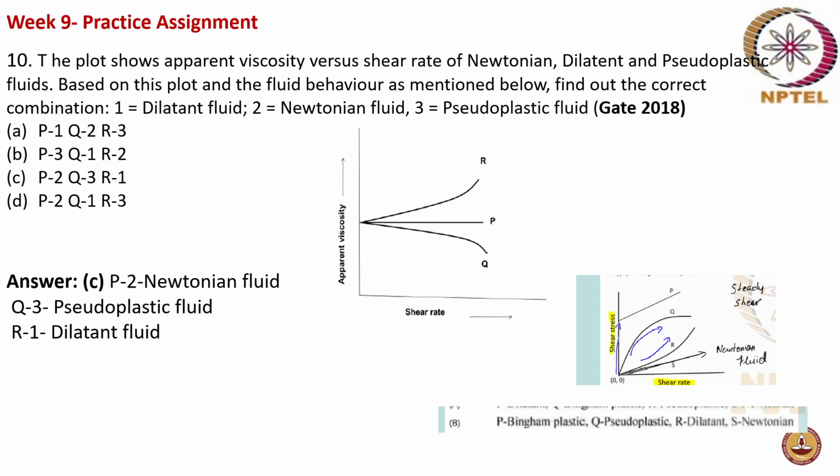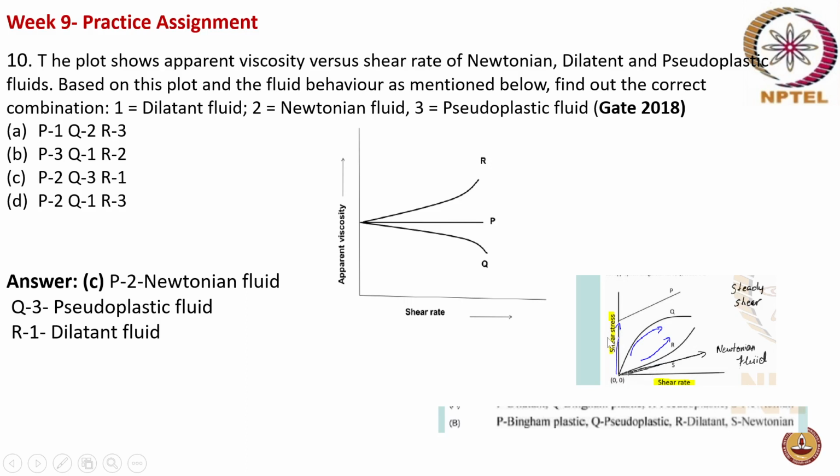This is the relationship of shear rate versus shear stress for these fluids. For Newtonian fluids, it is a linear relationship. For the pseudoplastic fluid Q, with increase in shear rate there is a decrease in viscosity, whereas in the dilatant fluid there is an increase in shear stress.